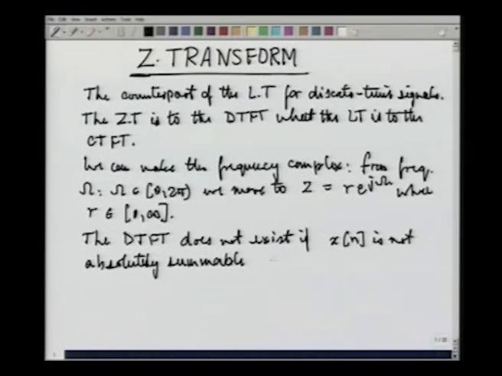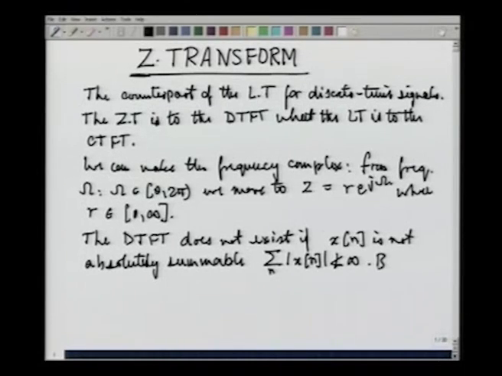Right, that is, if summation over all n of mod xn is not finite, then the DTFT may not exist.